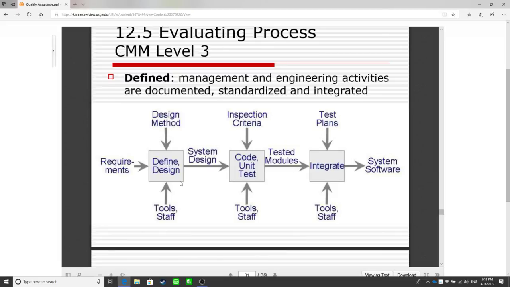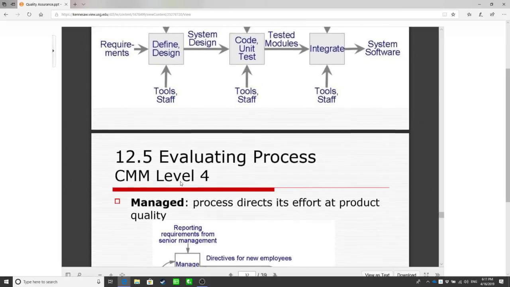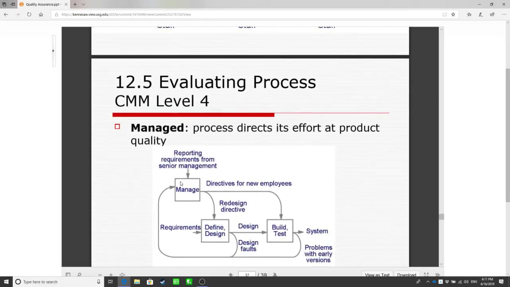What's wrong? There's no feedback. Now in CMM4, the management is aware, right? The feedback determines how resources are deployed.